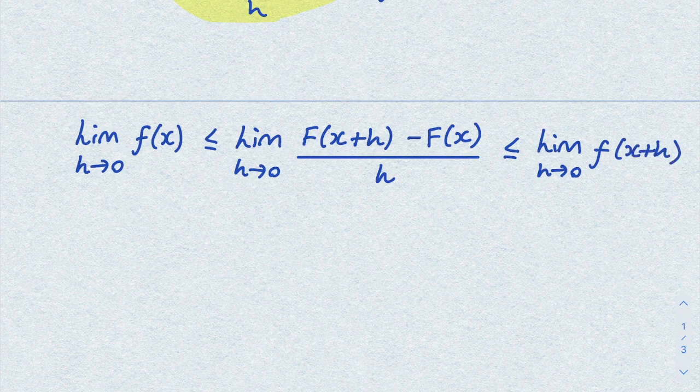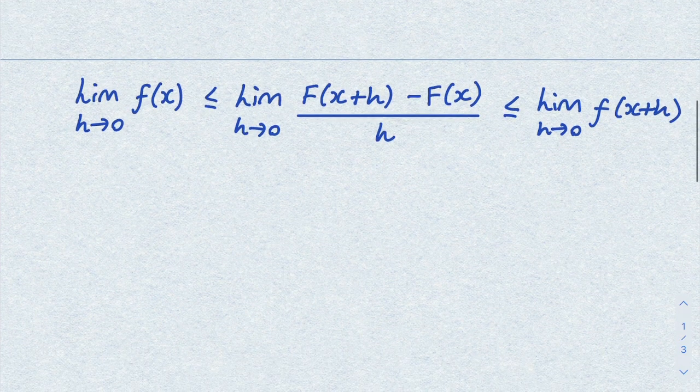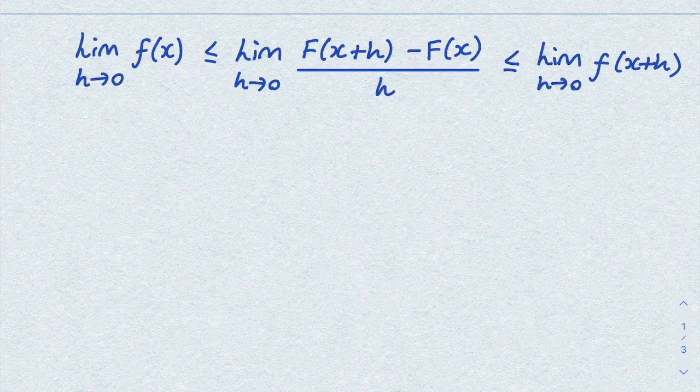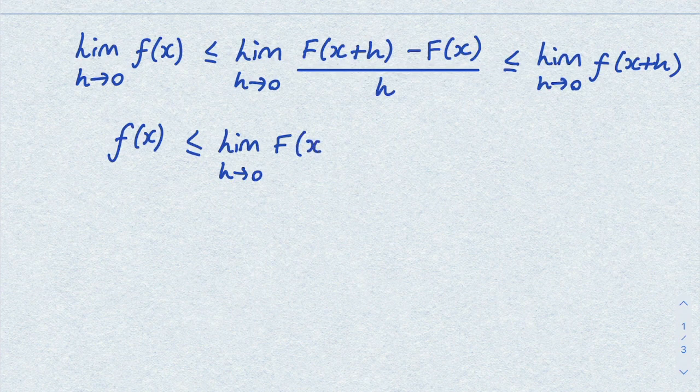Now all we have to do is evaluate the limit. So the limit as h tends to 0 of f of x is just f of x, since f of x doesn't depend on h. Now we can't simplify this limit in the middle, however we know that this is the definition of the derivative for uppercase F of x.